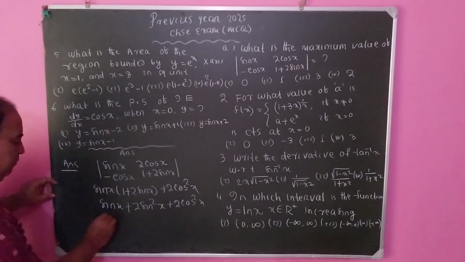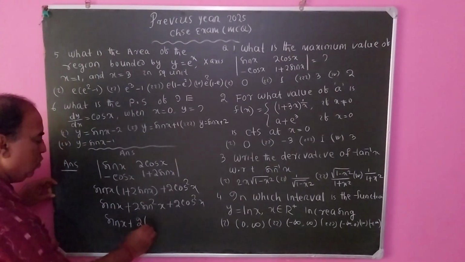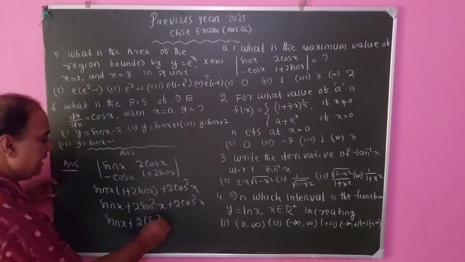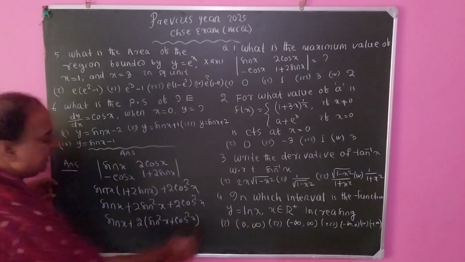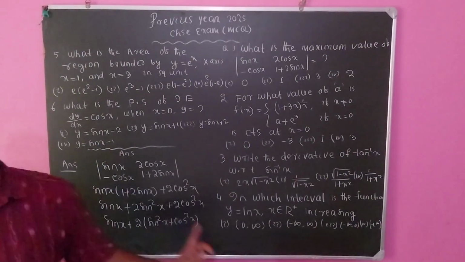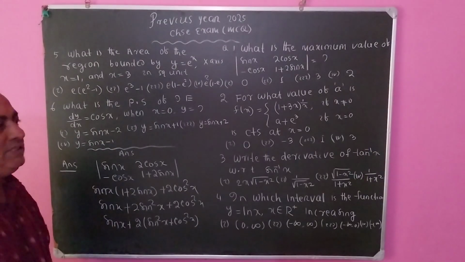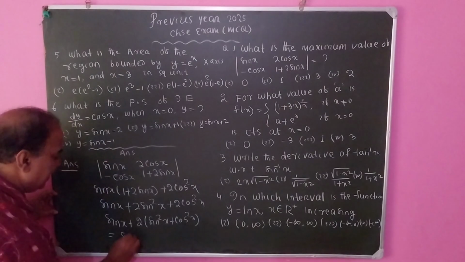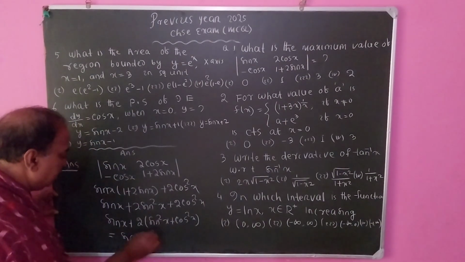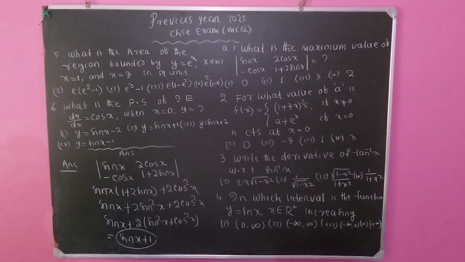Taking 2 common, sin x plus 2 whole into sin square x plus cos square x. We know that sin square x plus cos square x is equal to 1. So here we get sin x plus 1. This is the value of the determinant.